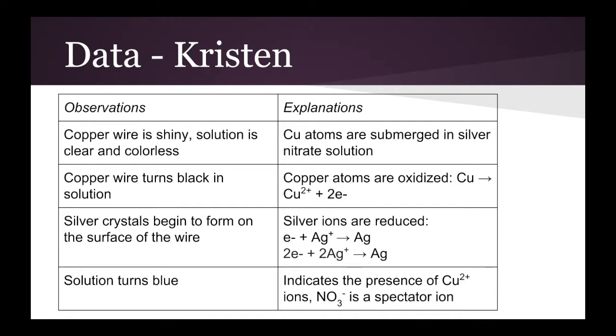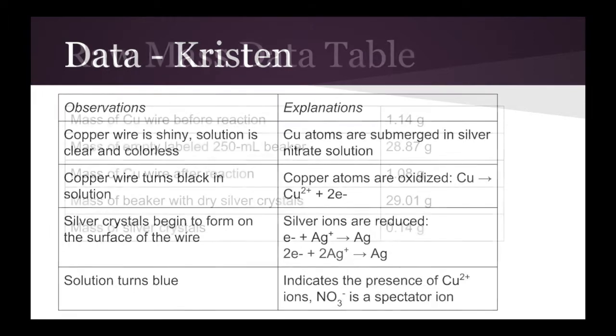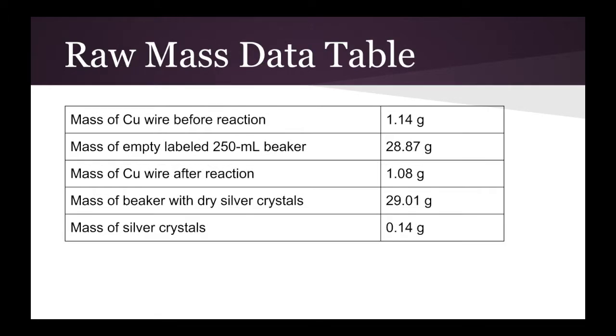The next observation is silver crystals are beginning to form on the surface of the wire, and the explanation for this is that the silver ions are reduced. The last observation is that the solution turns blue, and this indicates the presence of copper 2 ions, and nitrate is a spectator ion.